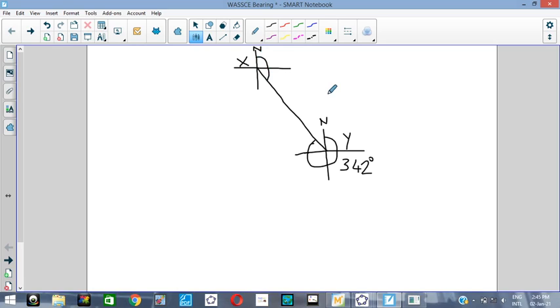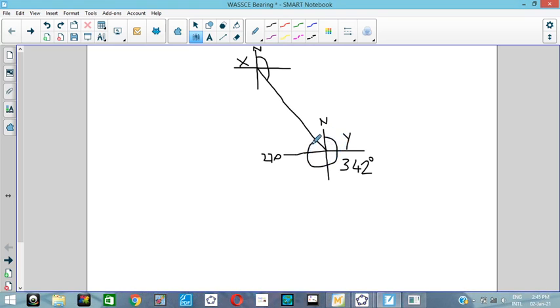Without wasting time on this, remember what I said before. Each of these cardinal points, they are all 90 degrees. So this is 180, and this point is 270 degrees. So that is west, 270. So you have already turned 90, 180, 270.